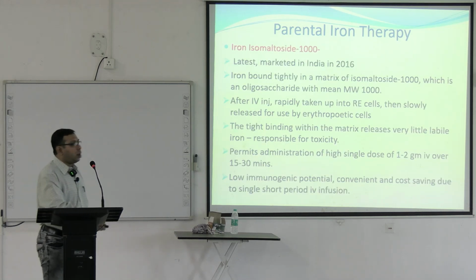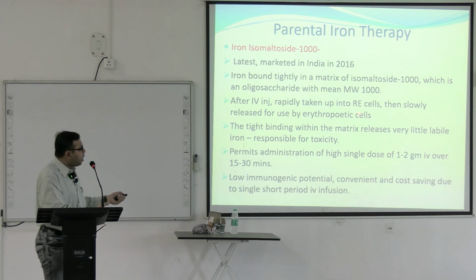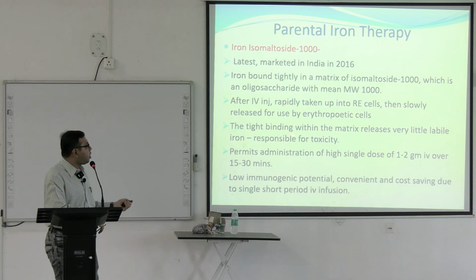Iron isomaltoside is the latest, marketed in India in 2016. Here the iron is bound tightly in a matrix of isomaltoside 1000, which is an oligosaccharide with mean molecular weight of 1000. After IV injection, similarly, it is rapidly taken up by the reticuloendothelial cells and slowly released for use by the erythropoietic cells.